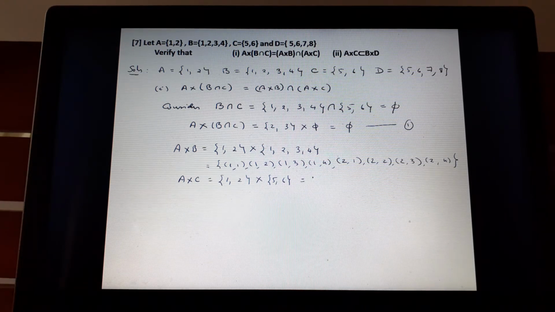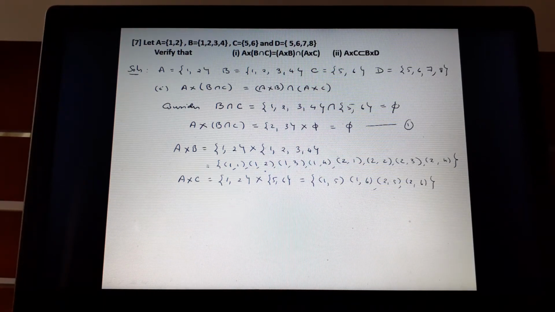Here 2 into 2, 4 elements must be there: (1,5), (1,6), and second one (2,5) and (2,6). So it is very clear now that whatever element is here is not here. You can check: (1,5) is there, (1,5) is nowhere here. (1,6) is there, (1,6) is nowhere here. (2,5) same thing, (2,6) also.